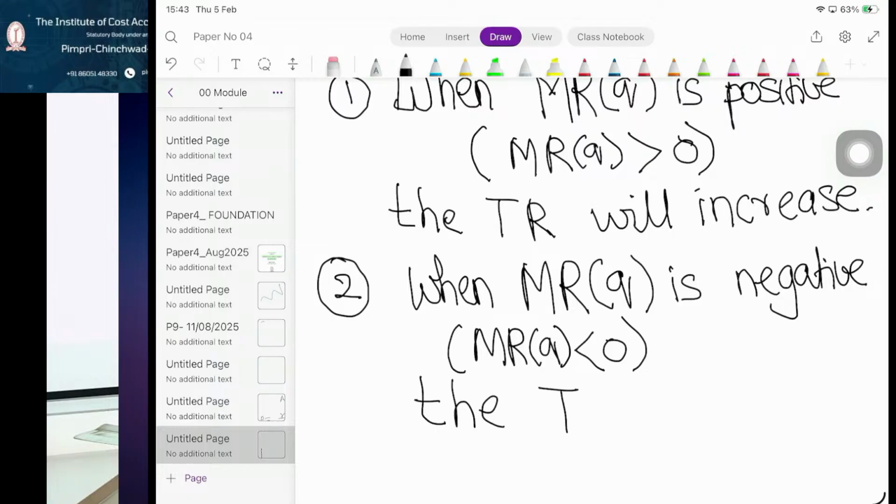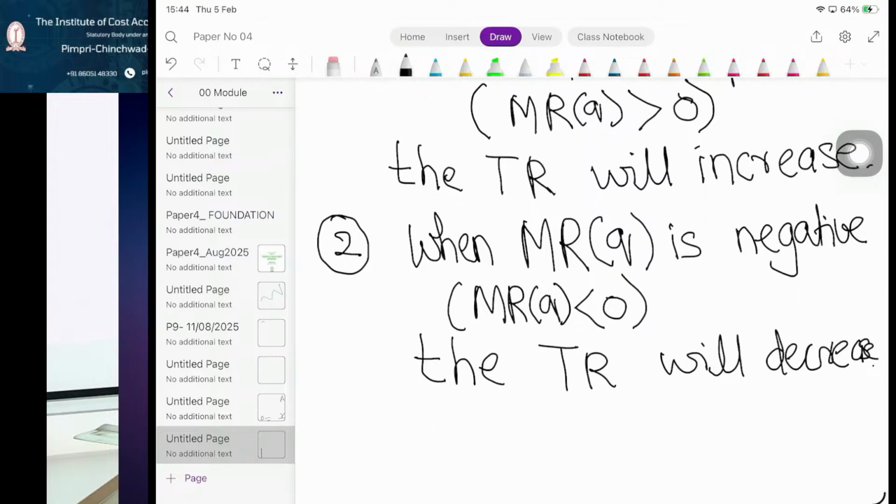The total revenue will decrease. Okay, it will go down. And therefore you get a very important result.